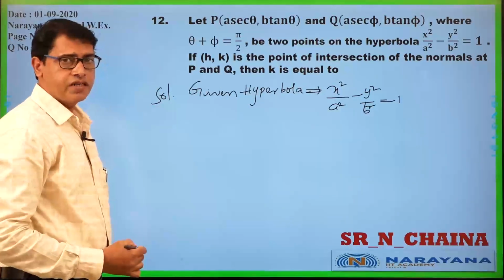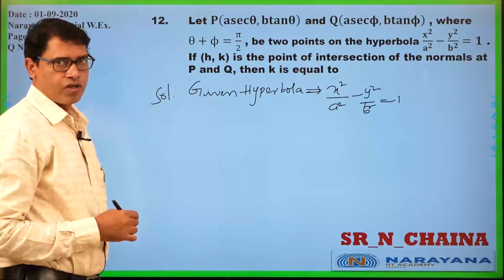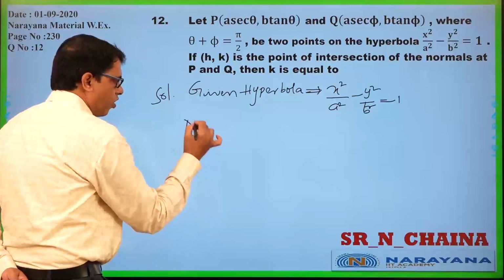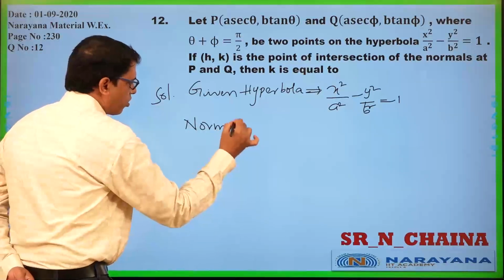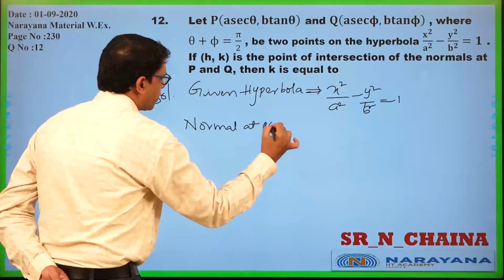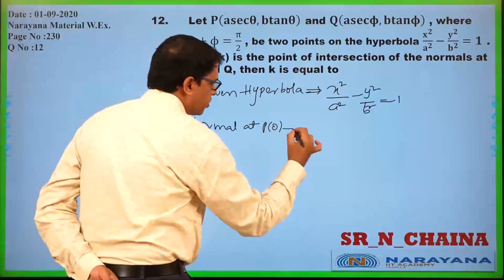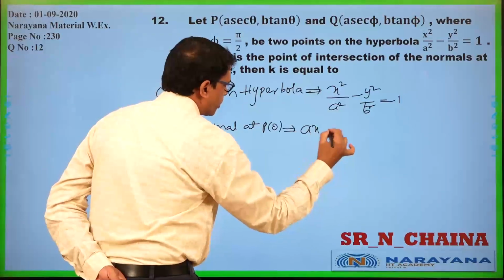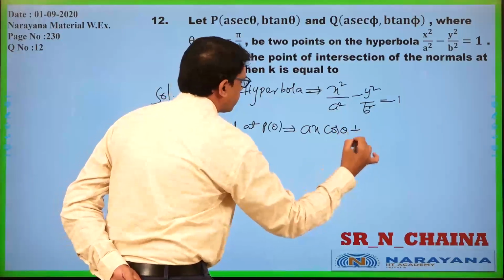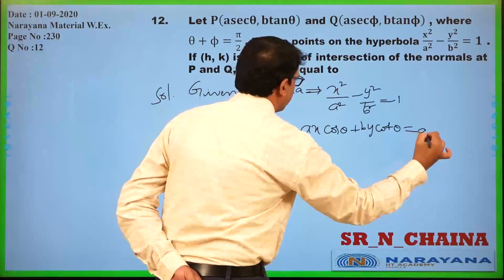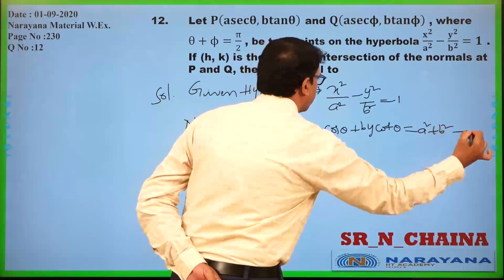Just now I said the parametric equation of the normal. So the normal at P of theta, in parametric form, is ax cos theta plus by cot theta equals a square plus b square. Say equation 1.